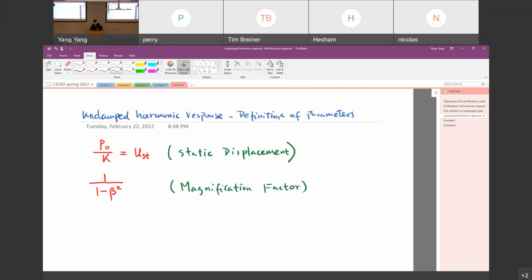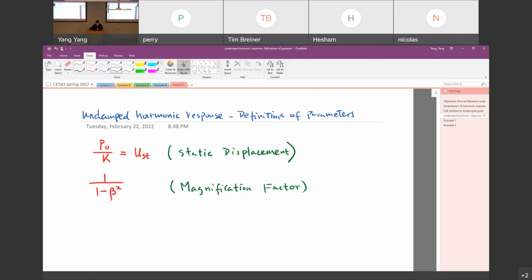It's P sub 0 over K times 1 over 1 minus beta squared, just a parameter here.